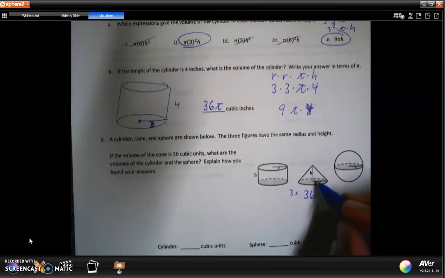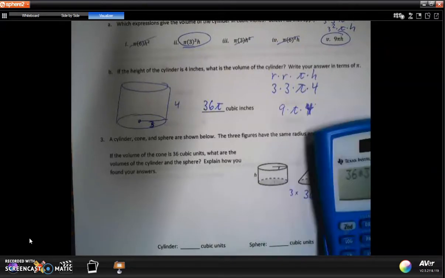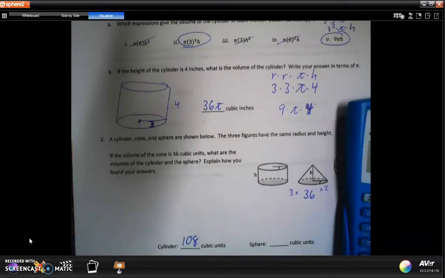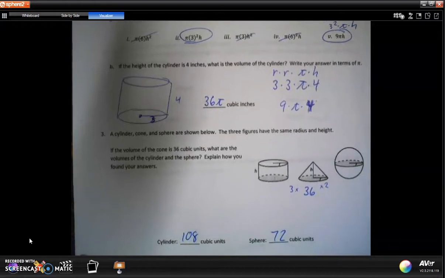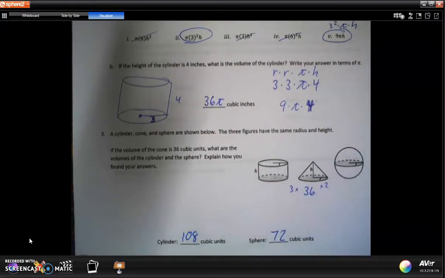And I know 2 cones go in the sphere, so I times that by 2. So 36 times 3 is 108, so it's 108 for the cylinder. 36 times 2 is 72. You can watch those previous videos to see how I know that 3 go in there and 2 go in there. All right, that's the first page.